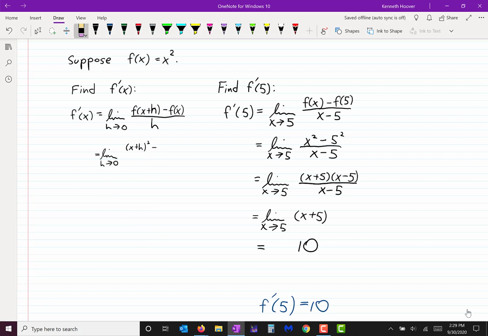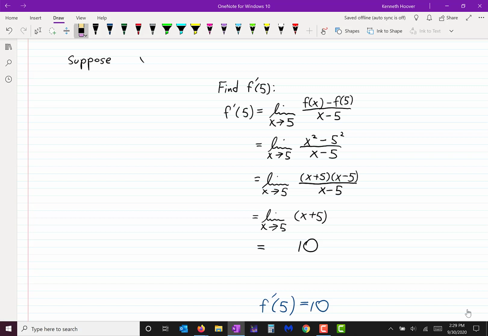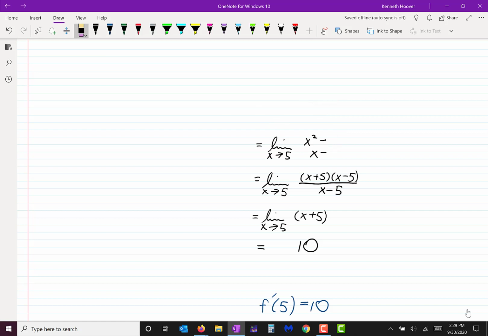So I'm going to show you a theorem, which is this. If f prime exists at any location, then f must be continuous at that location. Okay? Just give me a second to finish getting rid of this stuff and I'll write that down.